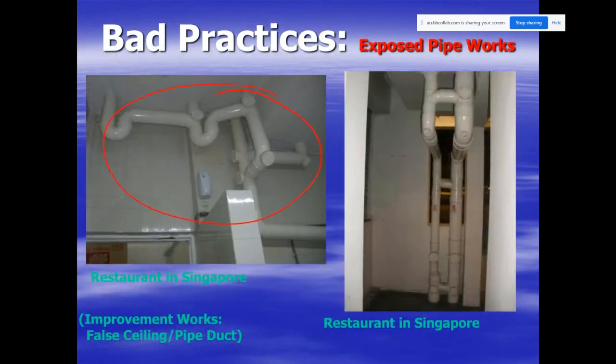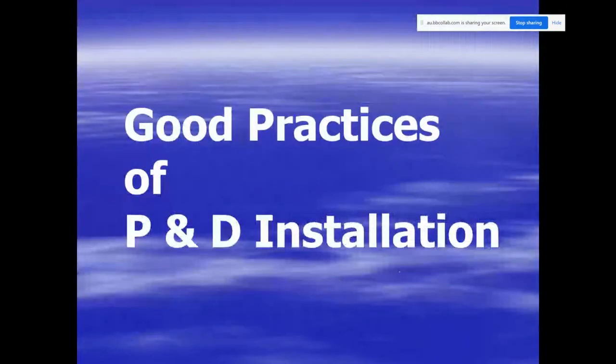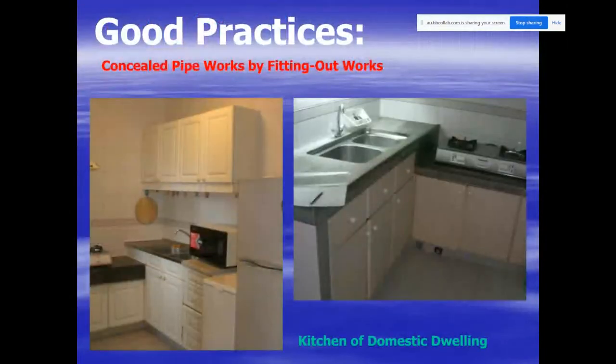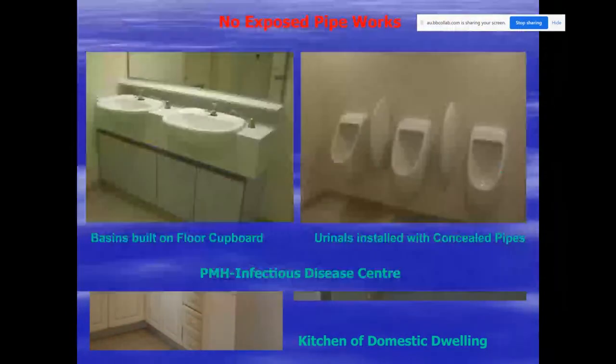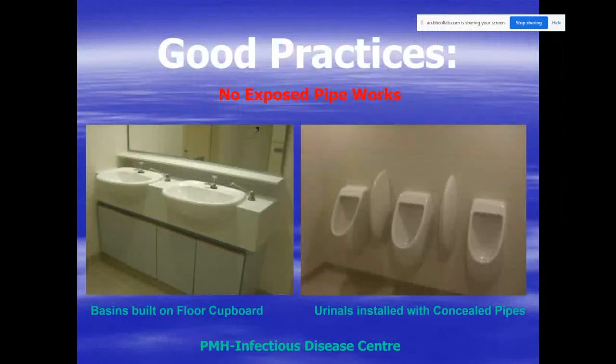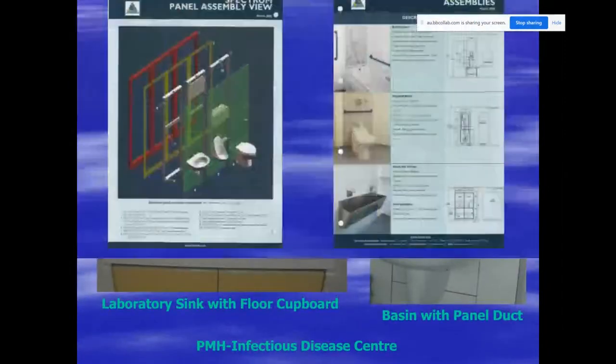You can imagine your ceiling like this. This is the drainage pipe for the upper floor. You have to help your friends and neighbors keep the maintenance of the drainage pipe. So it is good to use some cabinets or whatever to make the pipes inside. It looks much better.